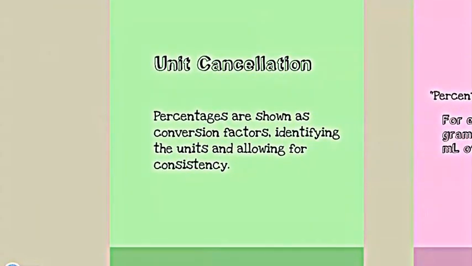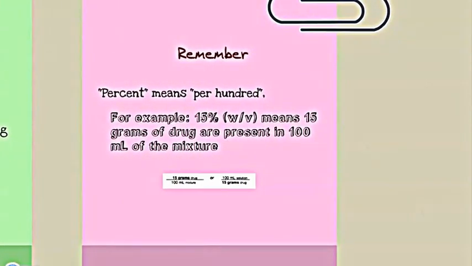Unit cancellation requires the expression of percentages as conversion factors, which identifies the percent by its units. To solve percentage problems with unit cancellation, the percent must be expressed as a conversion factor. Remember that percent means per 100. The units for percent weight by volume are grams of drug per 100 milliliters of solution.